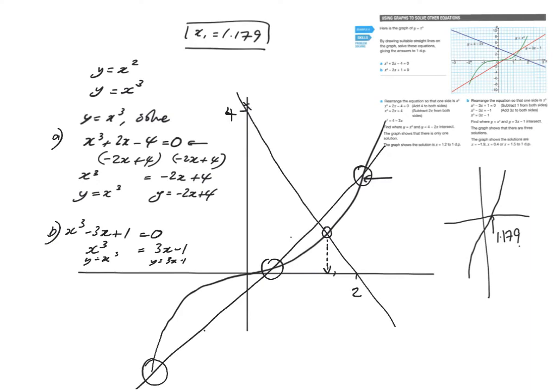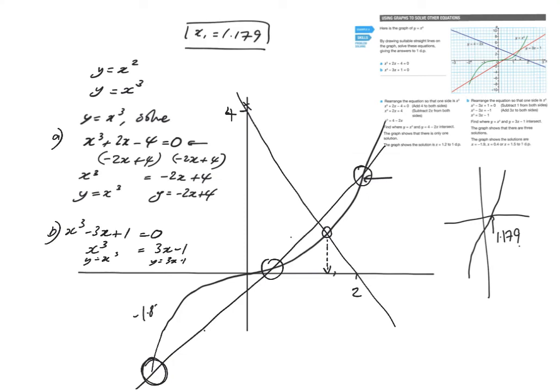Now I'm just going to do this on my calculator again, just to make sure that I'm doing this right. x cubed minus 3x plus 1, and I get negative 1.87, which is that point right there.